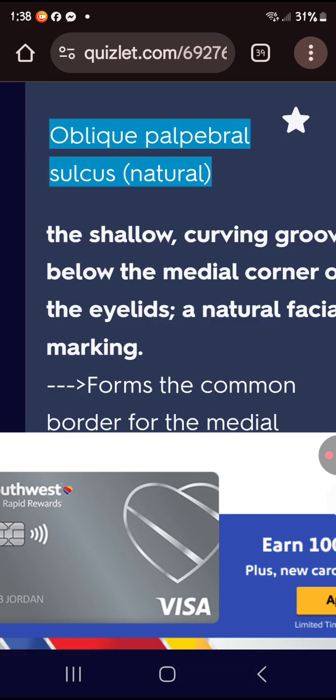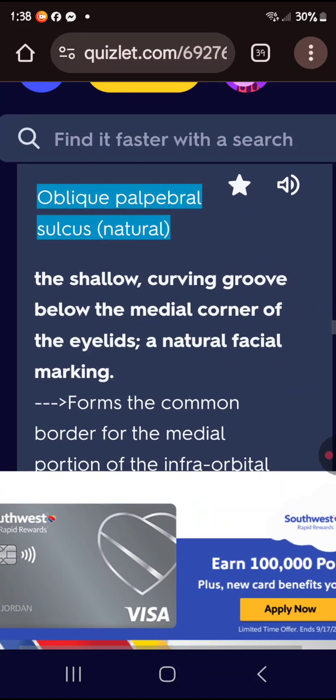Oblique palpebral sulcus, natural. Remember, oblique means curving, neither horizontal nor vertical. They're inclined or slanted or curving. And of course, palpebral we know is eyelid. The eyelids are curved, hence oblique. It is the shallow curving groove below the medial or middle corner of the eyelids, a natural facial marking.